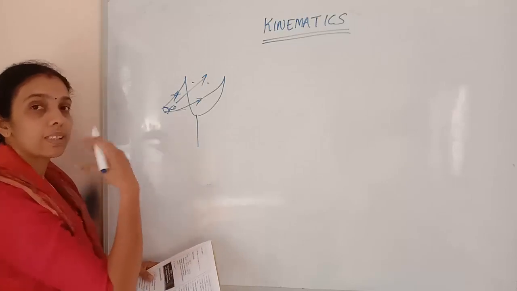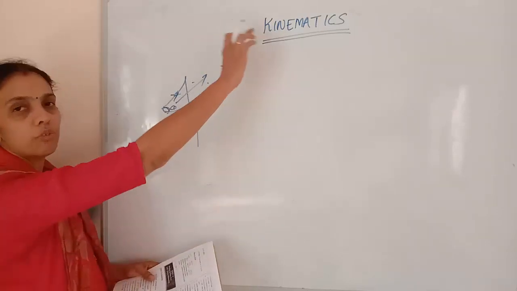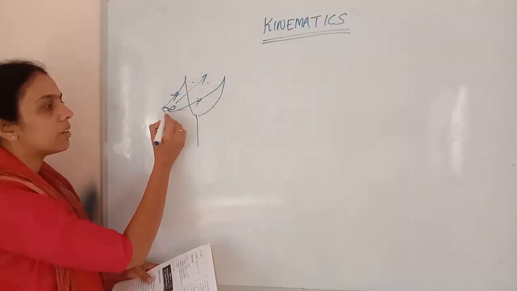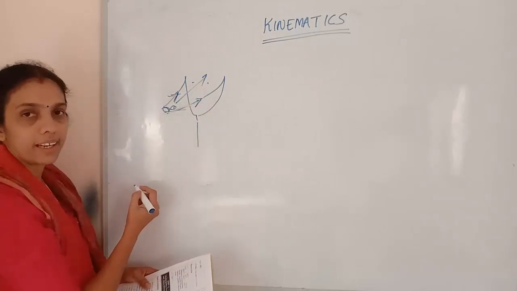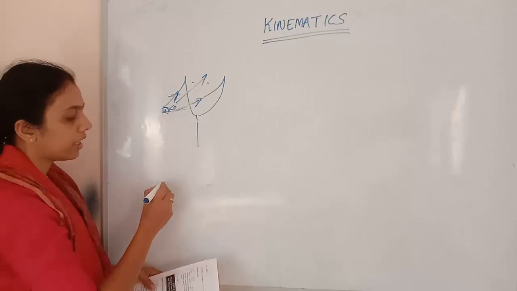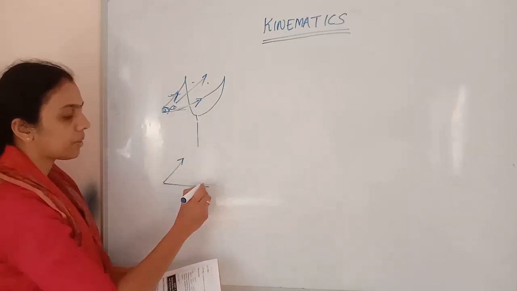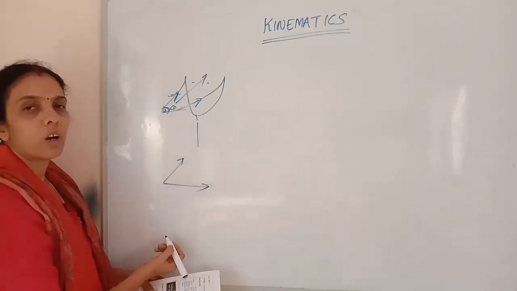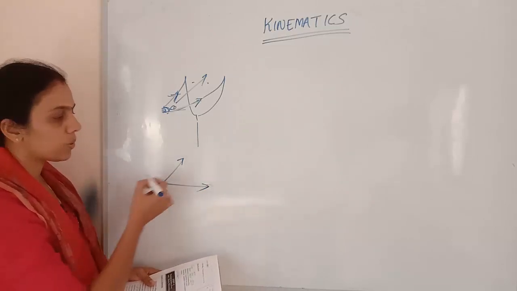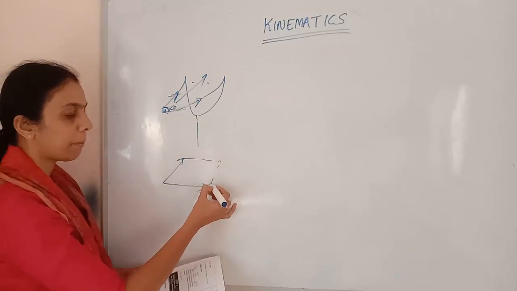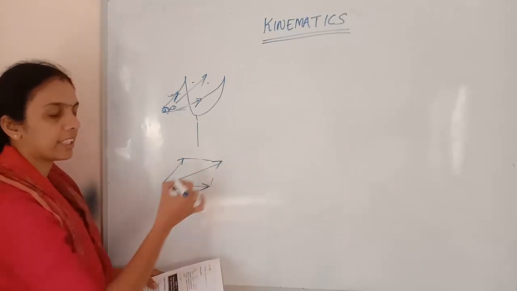The stone will move forward. Force F2 will be acting in this direction from the same point. If two vectors start from the same point, which law of vector addition can we use over here? It will be the parallelogram law of vector addition.